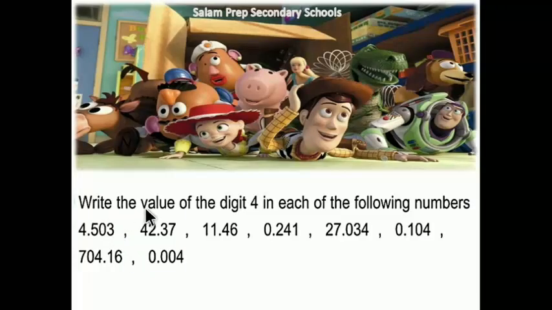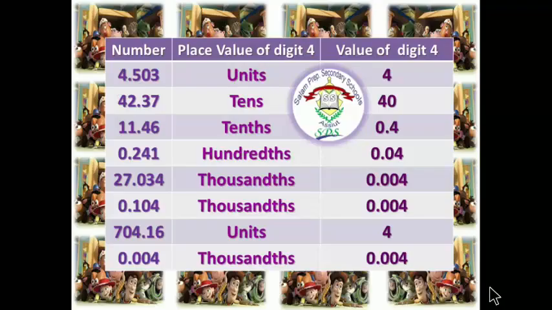Write the value of the digit 4 in each of the following numbers. In this table, we will find the place value of digit 4 and the value of digit 4.